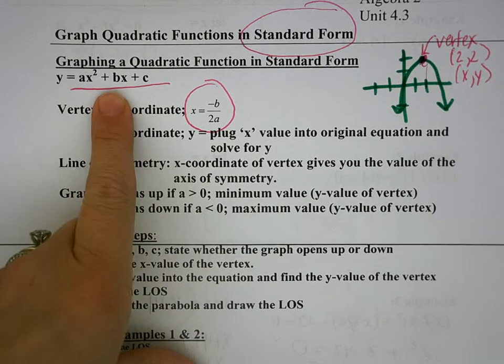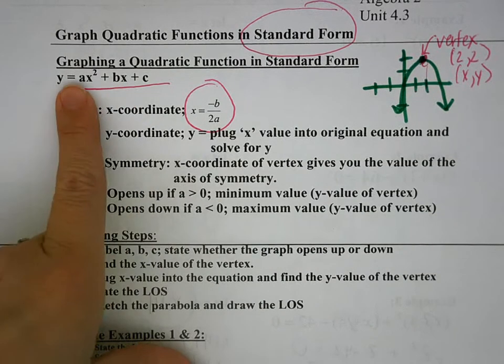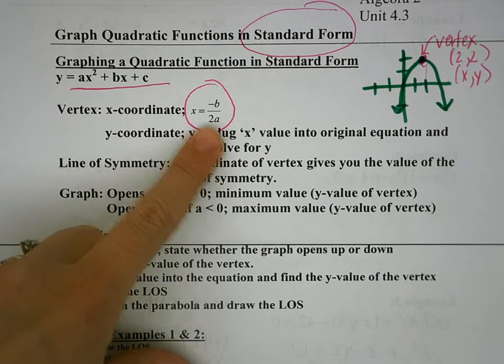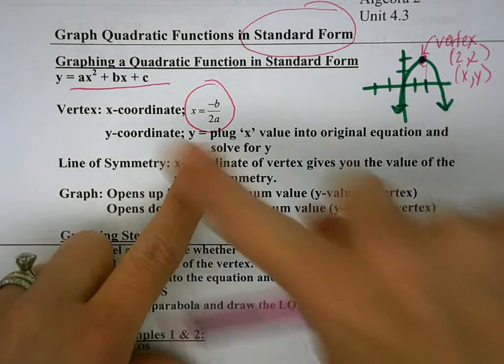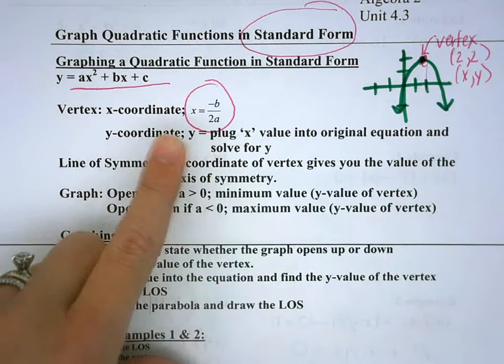So my b value is the number with the plain x term, and negative b means whatever value this is, you would take the opposite of it, right? And then over 2 times a, and your a value is your number with your x squared term. Yes? Okay, so that's how you find the x value of the vertex, and then you find the y by plugging your value of x back in here and solving for y.